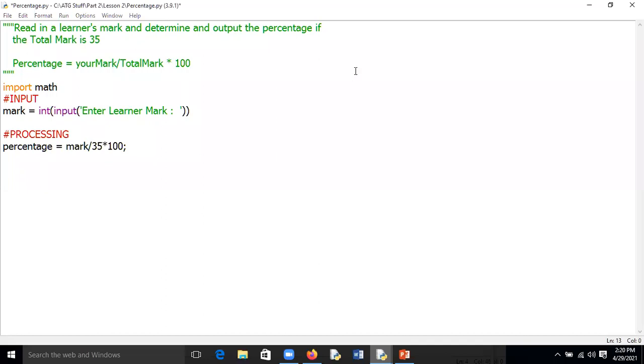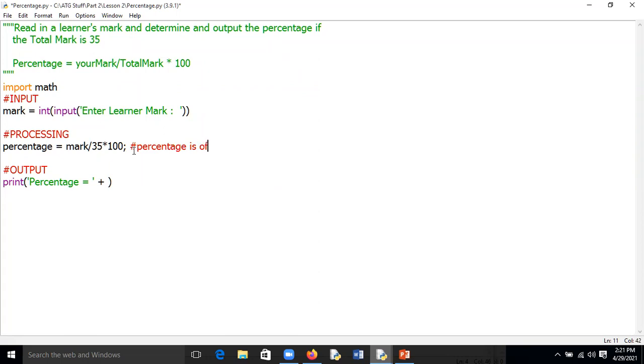So I can go and output it now, right? And to output, it's going to be print. And we're going to say percentage equals, and we're going to make this a little bit user friendly, right? So it's going to be plus, once again, percentage. What data type is percentage? Because we're doing real division here, percentage is a float. So I'm going to just make a note here.